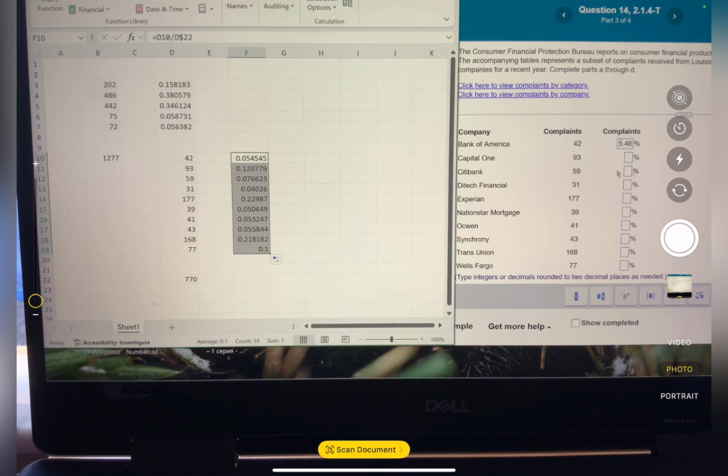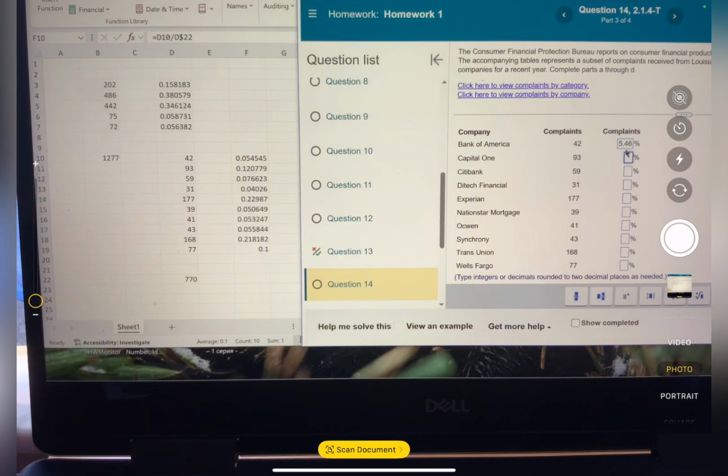Next, 12.08. Next, 7.66. What is here? 31. It's 4.03.